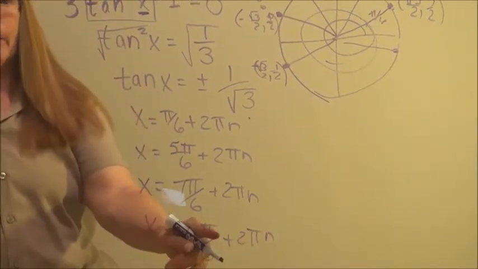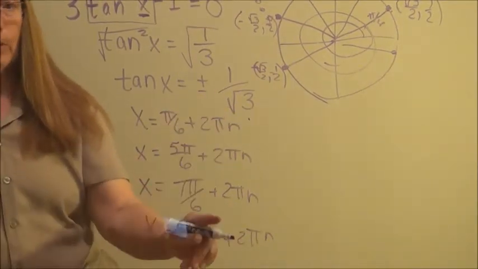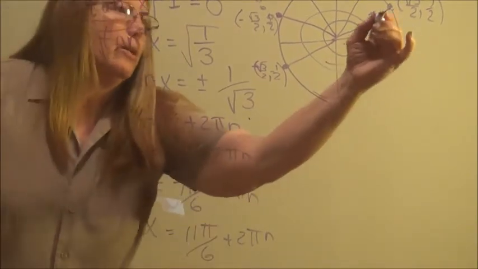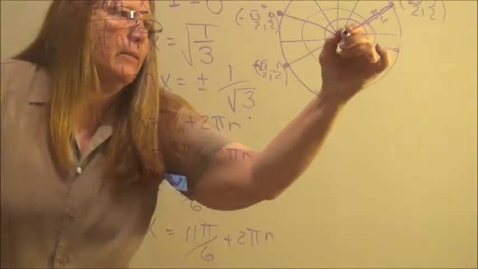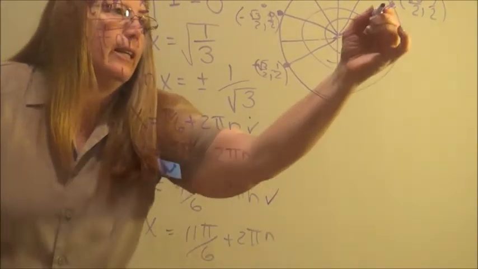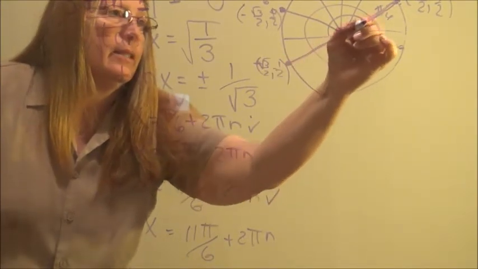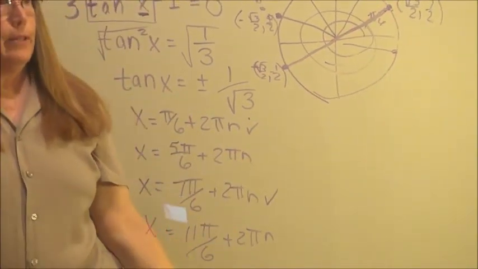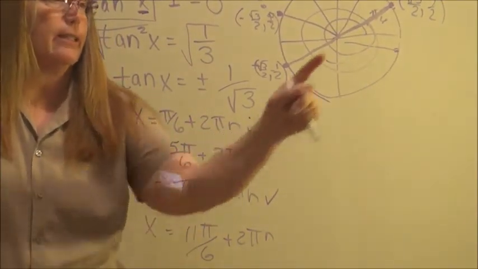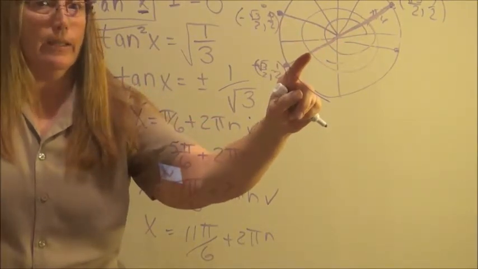Now the only thing about these is I can write those, instead of writing 4 answers plus 2 pi n, you might notice that these two are quite related. The pi over 6, this one and this one are related along this line. So I could put those together and say the first one, pi over 6, and to get to the second one, how many radians would it take to get to this one?